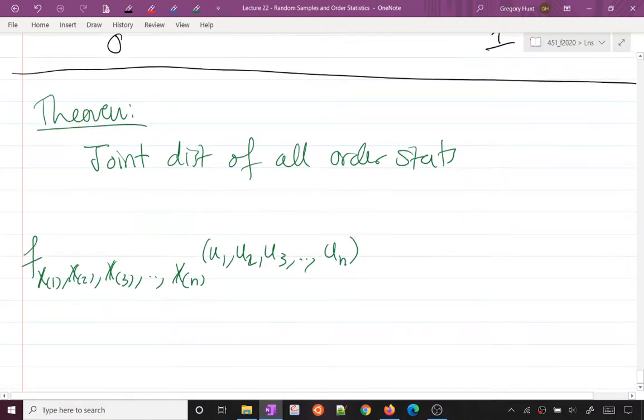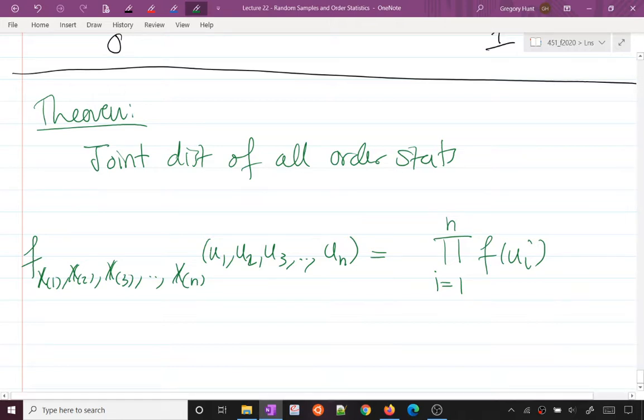And you might think that this is a lot harder because we have n of these. Look at how bad the marginal distribution of the order statistics was, then the joint was even worse. But it actually really simplifies when you look at all of them together. The joint distribution of all of the order statistics together looks a lot like the joint distribution of the data.